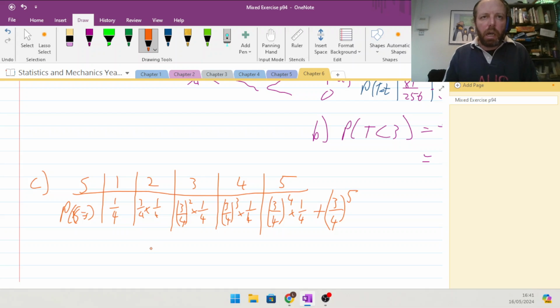All right, 3/4 times a quarter is 3/16. Okay, 0.75 squared times a quarter is 9/64.